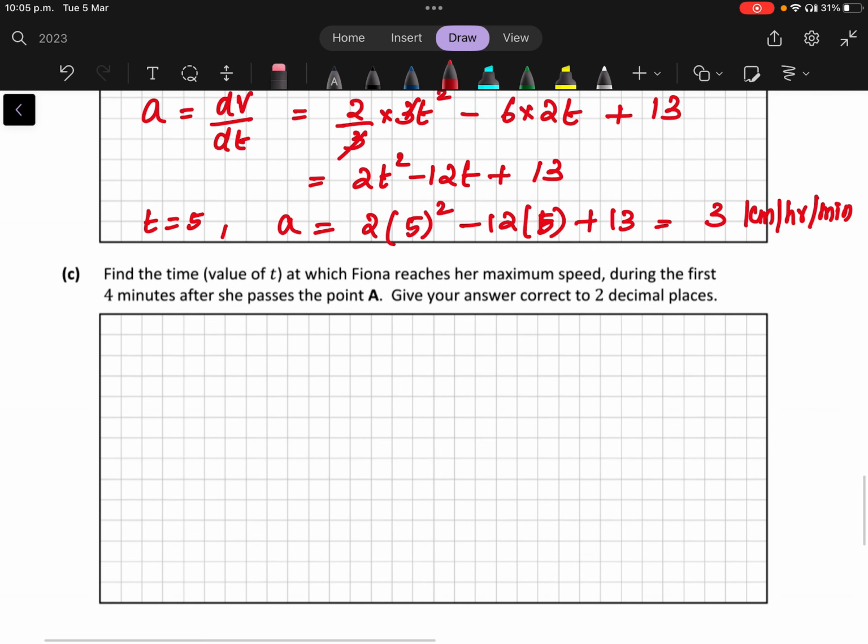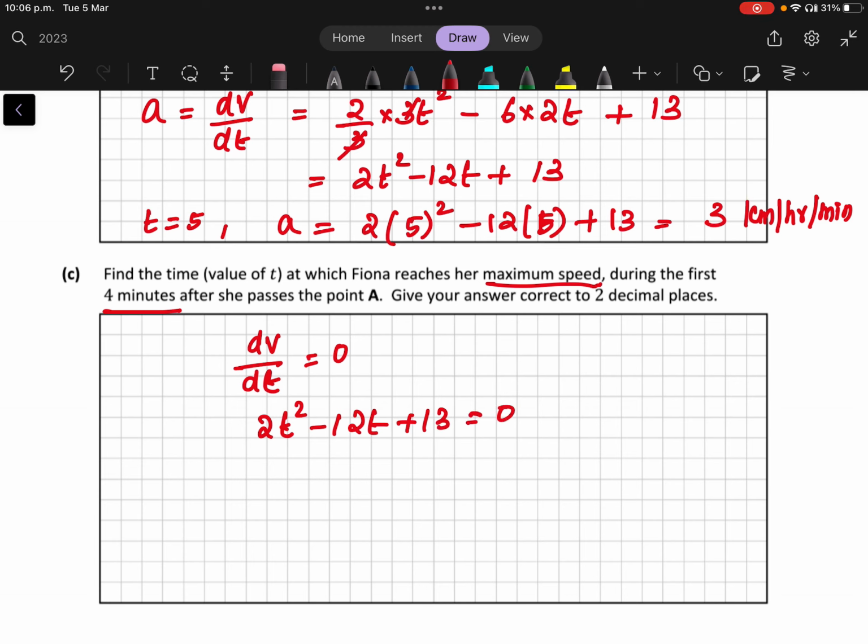Now the next one is, find the value of t at which Fiona reaches her maximum speed during the first 4 minutes after she passes the point A. Whenever you think about maximum speed, it is when dv by dt is equal to 0. So I can write this as 2t square minus 12t plus 13 is equal to 0, and then you solve this using the minus b formula.